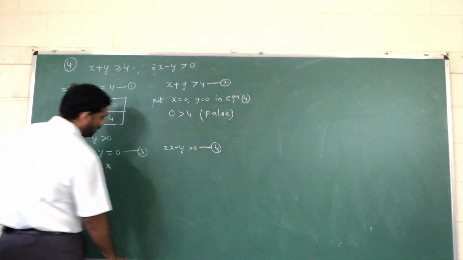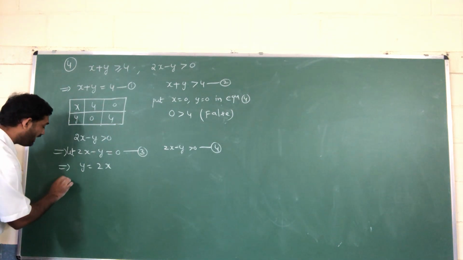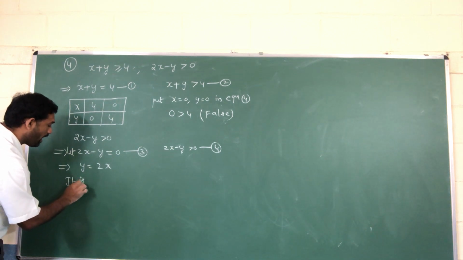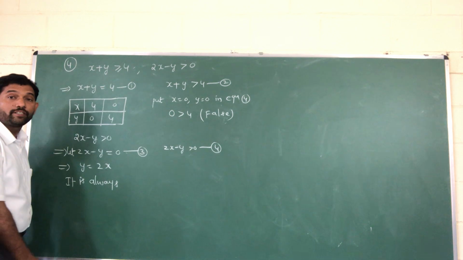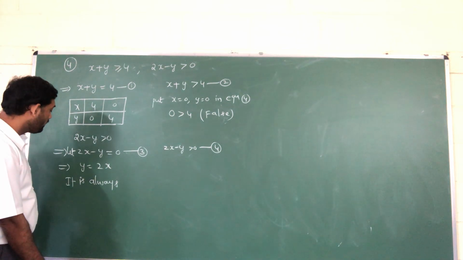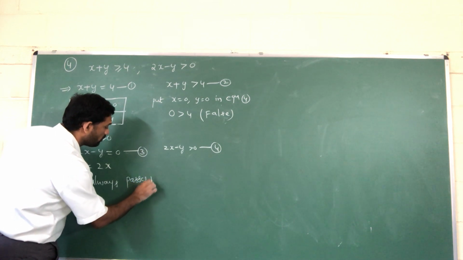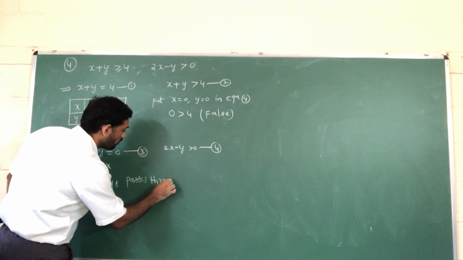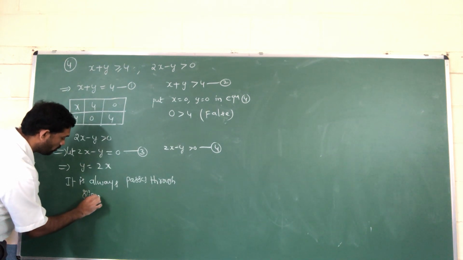The y is equal to mx formation always passes through the origin.